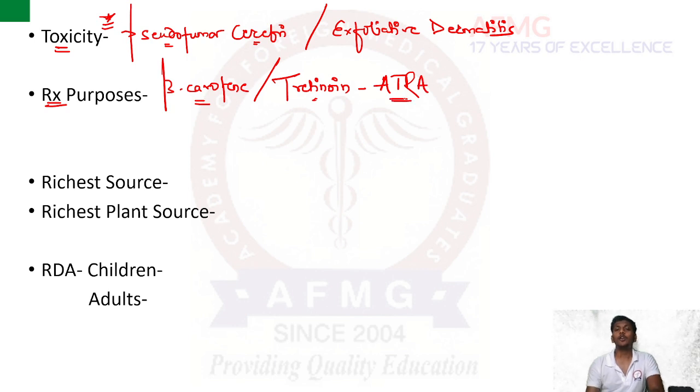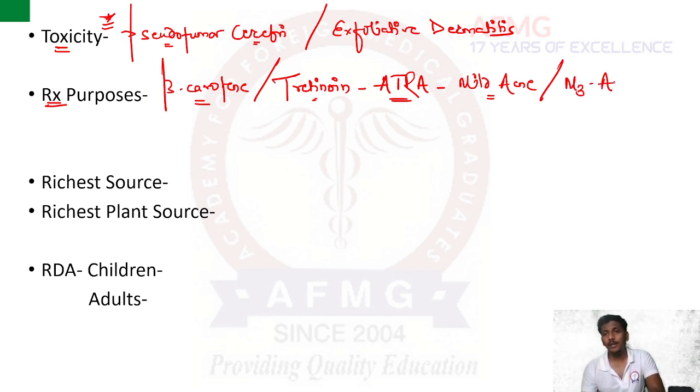Tretinoin or all-trans retinoic acid has major applications that you need to remember. It can be used in cases of mild acne, but the most important application of ATRA is in the M3 variety of AML, acute myeloid leukemia, also called acute promyelocytic leukemia.